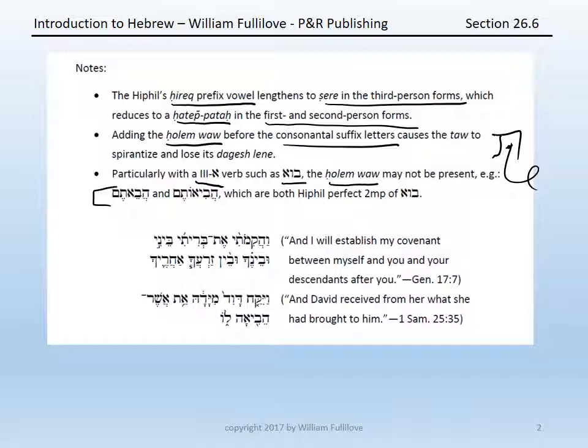Two examples. First, Genesis 17:7. Vahaqimoti et beriti beni uveneka uvein zareka acharekha. So begin with the verb vahaqimoti.